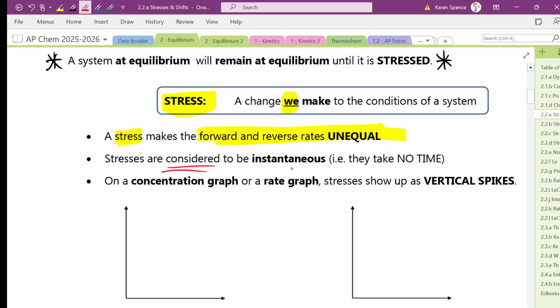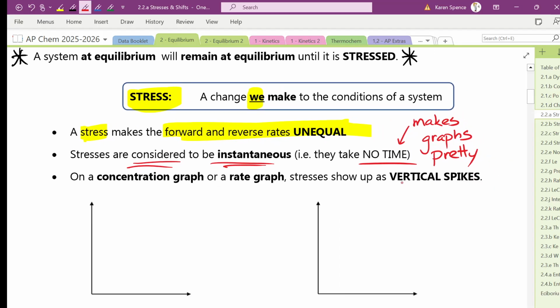They take no time. This makes the graphs pretty. It's not because they actually take no time. It's because it's really ugly if you don't do it. So on a concentration graph or on a rate graph, these show up as vertical spikes.